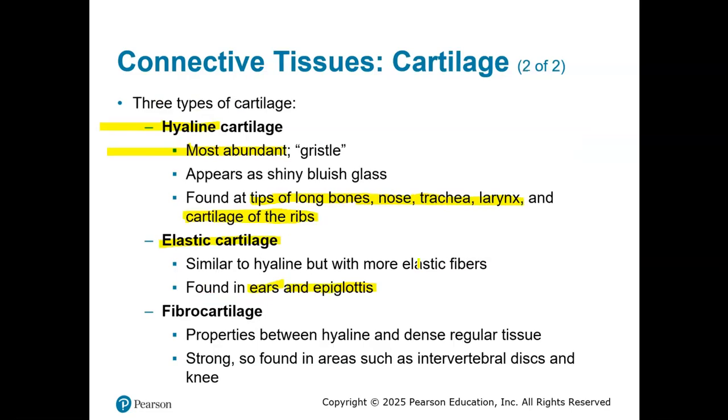Then elastic cartilage is found in the outer ear and the epiglottis. And then our toughest cartilage is fibrocartilage. So you're going to find fibrocartilage between your vertebrae in what we call the intervertebral disc and the meniscus of the knee.